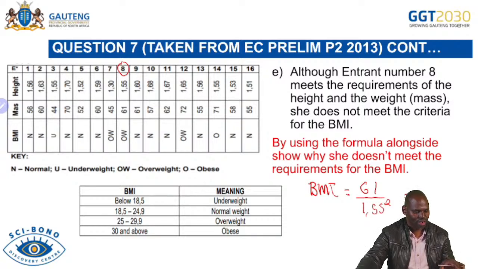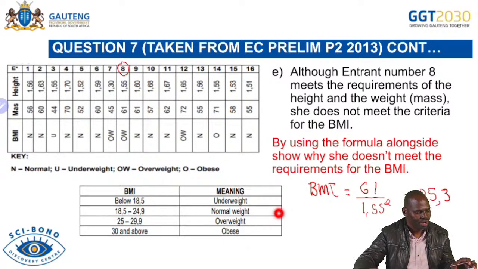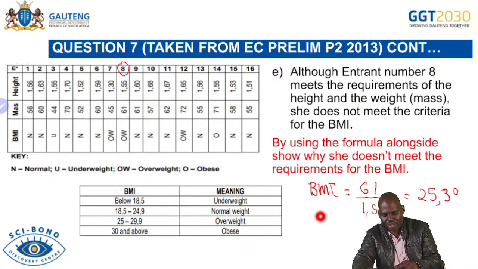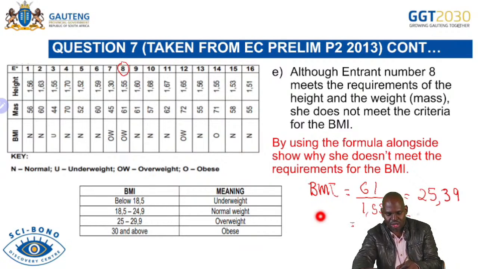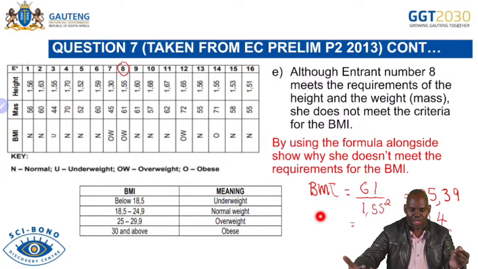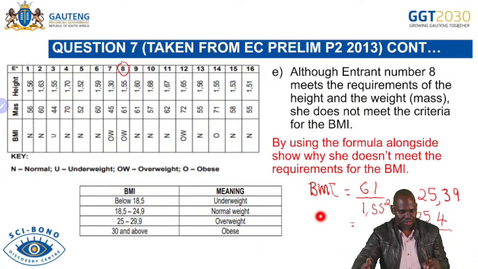then we see 25.39. 25.39 is what I get. Because what is indicated in the table is one decimal place at the most, I can say 25.4, so that we can easily compare. Let's see, the BMI is 25.4.